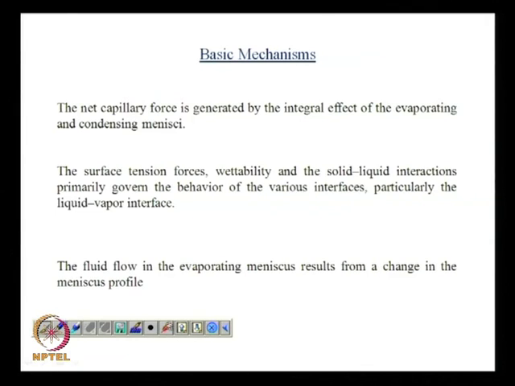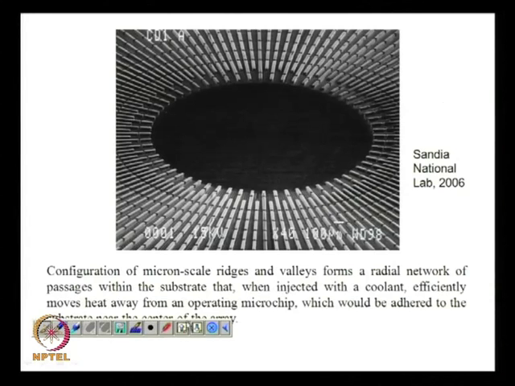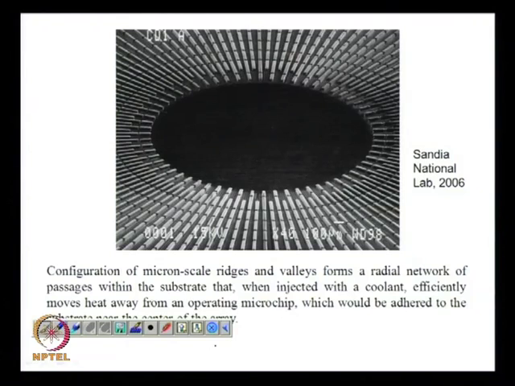And I already spoke about the basic mechanism of a heat pipe, and this is another picture which I have added to my last class. This is a circularly grooved wafer made in 2006 at the Sandia National Laboratory, and what you can see, there are channels which will make the liquid flow from the periphery towards the center.